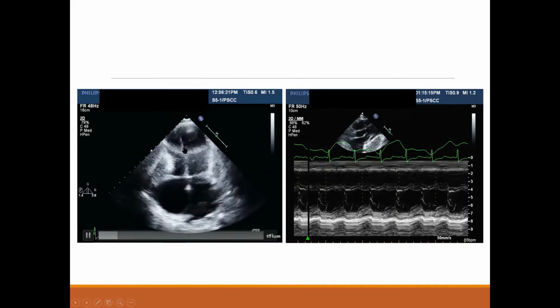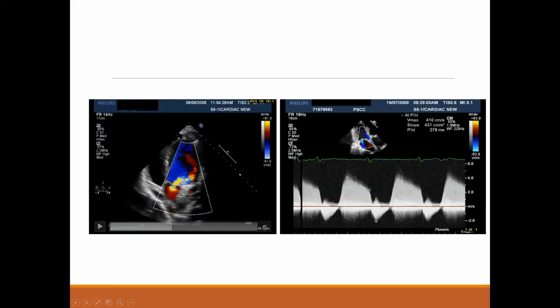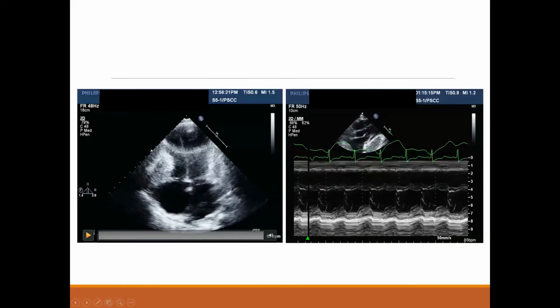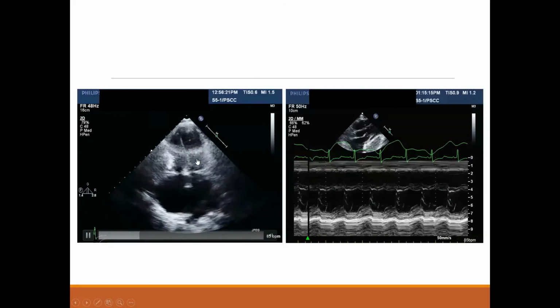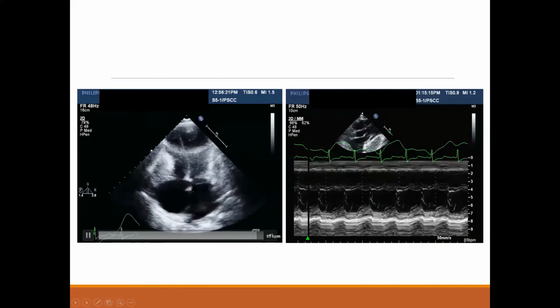Now, if you look at the septum here, do you appreciate any bounce? Septal bounce? No. Why don't we have septal bounce, despite having advanced anatomical features of constriction?